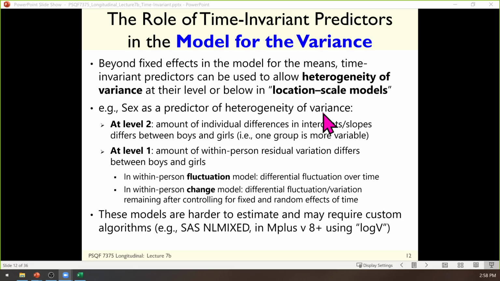Possible. Depends on what age we're talking about, but that could happen. So if I put in my gender predictor as a time invariant predictor, fixed effects in the model for the means, the main effect of gender would allow boys to start out higher or lower. The interaction of gender by time would allow boys to grow faster or slower on average relative to girls or relative to whatever other groups I have.